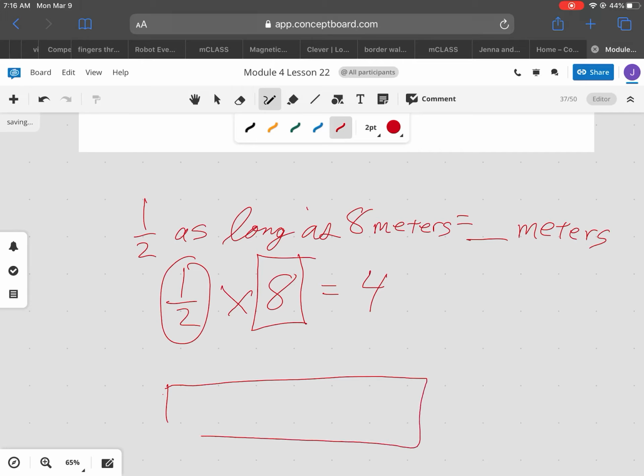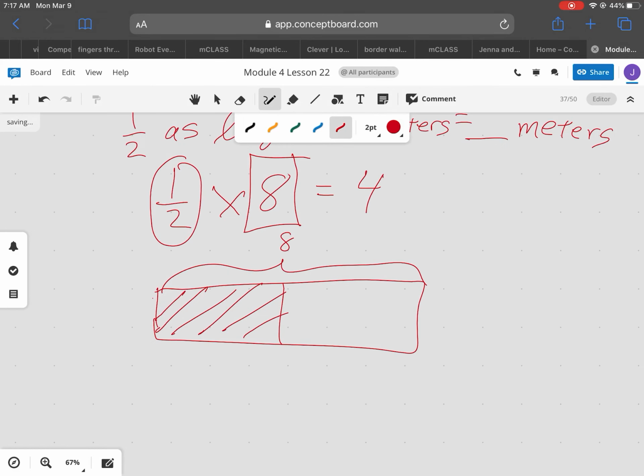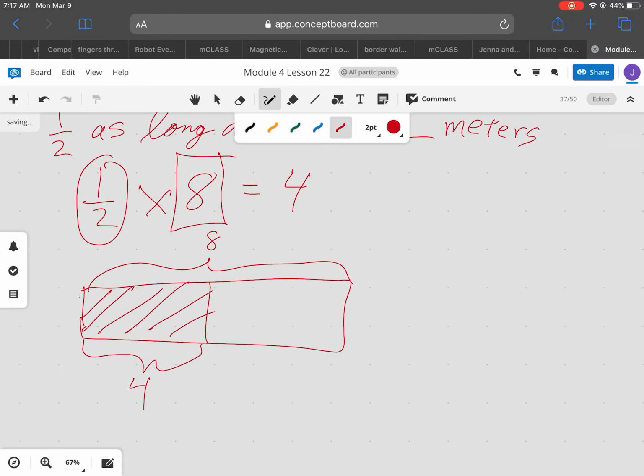Now how would you show that in a tape diagram? Okay, so here's our tape diagram. I cut it in half. There's 8 here. I'm going to shade in this half here, and half of that is 4.